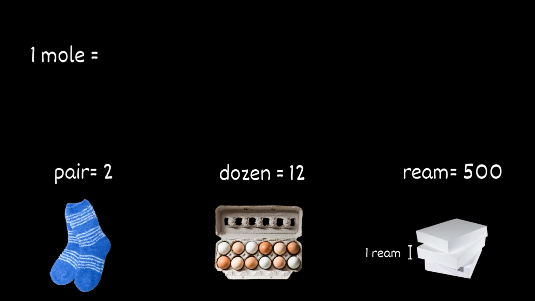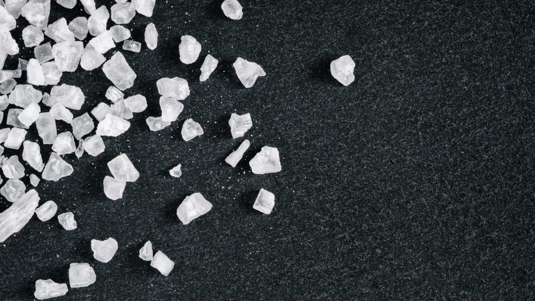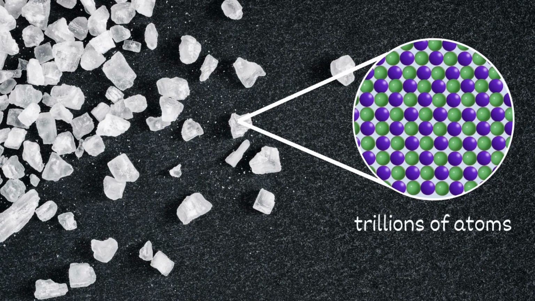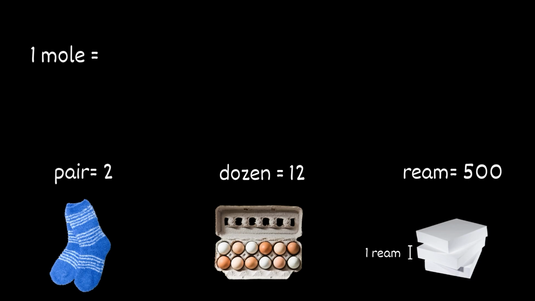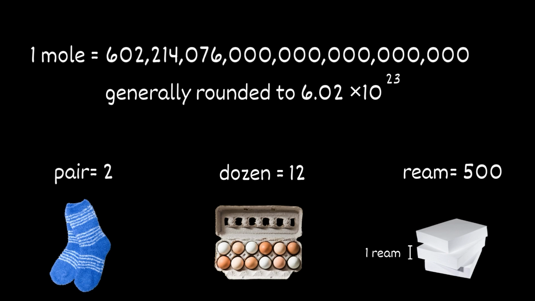We can use the mole to describe the number of particles in a substance. However, unlike eggs, atoms are really small. A single grain of salt can contain trillions of atoms. So because of this, the number is huge. 1 mole is equal to 6.02 times 10 to the 23rd particles.